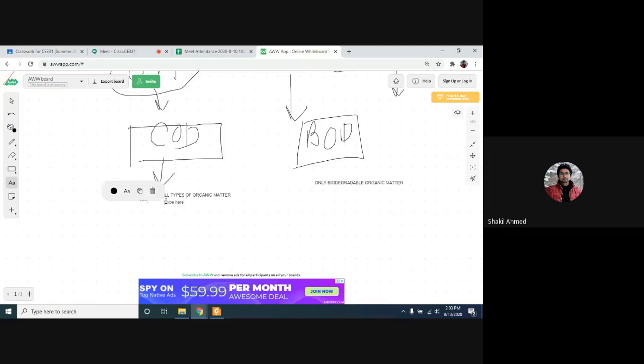All types means both biodegradable and non-biodegradable. Is it clear?